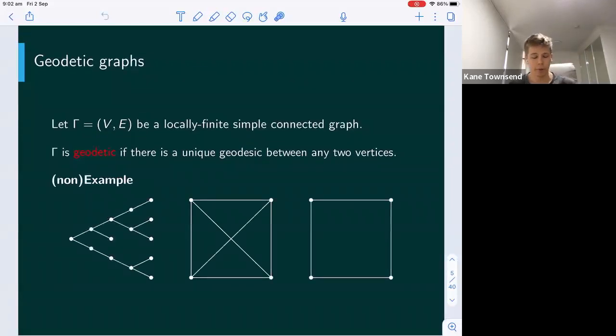To give some examples and a non-example: any tree will be geodetic, and any complete graph, so there's K4, will also be geodetic since there's a unique path of length 1 from any vertex to another one. And then, of course, the even cycles will not be geodetic, because you've got a path from there to there that's length 2 and a path from there to there that's length 2. They're both geodesics, and so it's not unique.